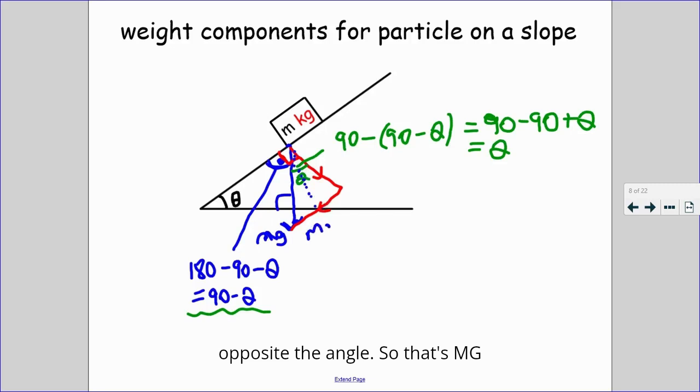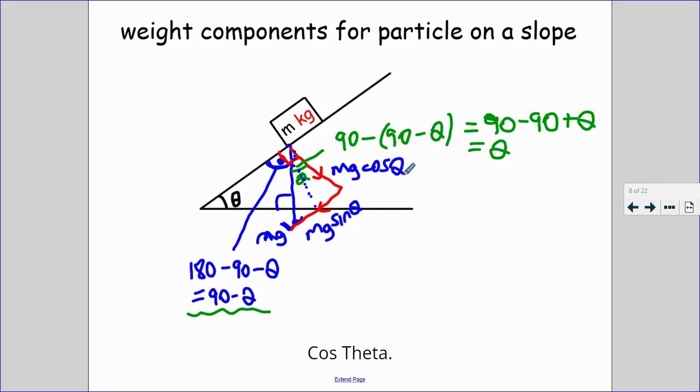So that's mg sine theta, okay? And the one which is adjacent will be mg cos theta. Right. Now, you don't need to know how I got this. This is just proof, just so you have an idea of what's happening. If this looks complicated, don't worry.